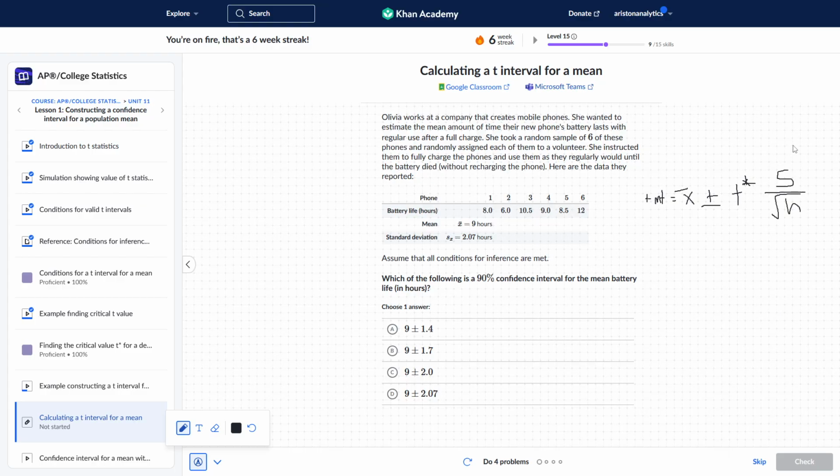Oh yeah, S is sample standard deviation. Okay. X bar is 9. Sample standard deviation is 2.07 within the sample. Square root of n. There were 6.